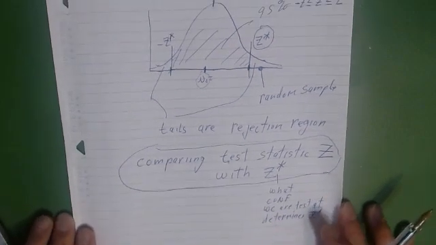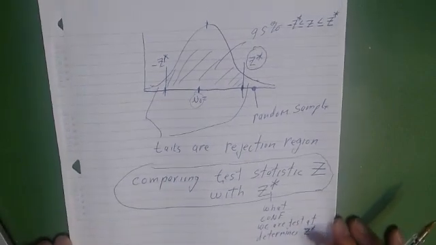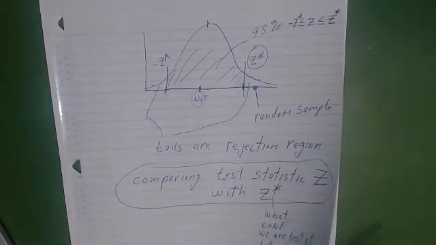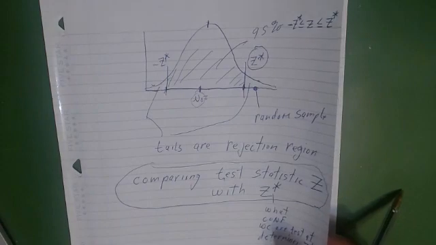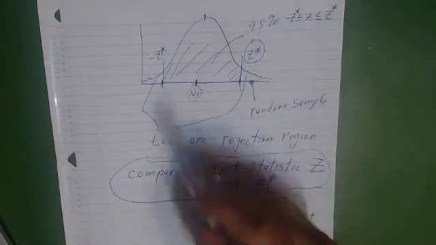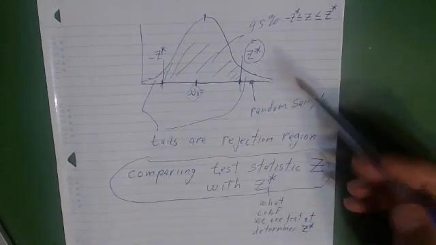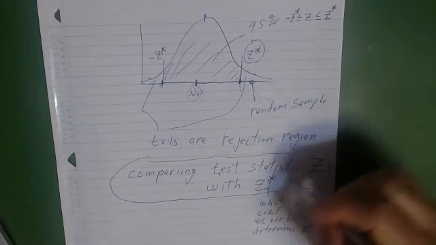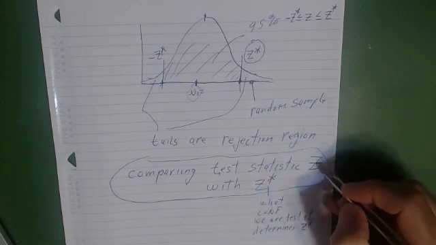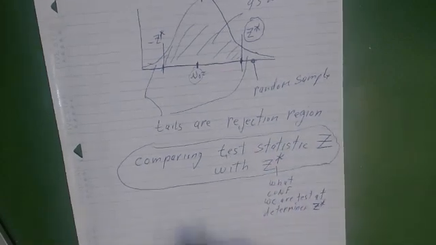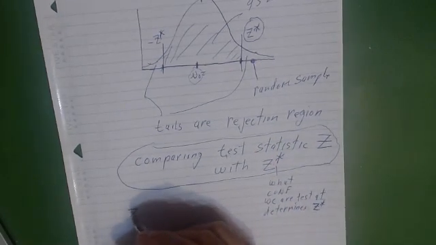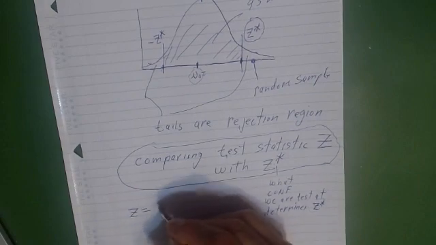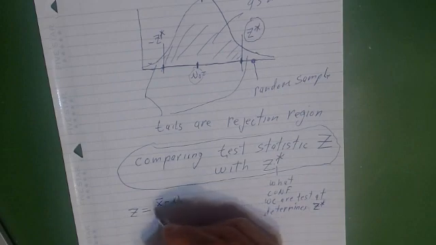Now, I want to talk about p-value. So there's different ways to say the same thing or different ways to look at the same thing. But this is one way. All you need to do the statistical test is to know what Z star is and what Z is. And Z comes from your sample. And if you're doing means, okay, Z is X bar minus mu sub naught over the standard error.